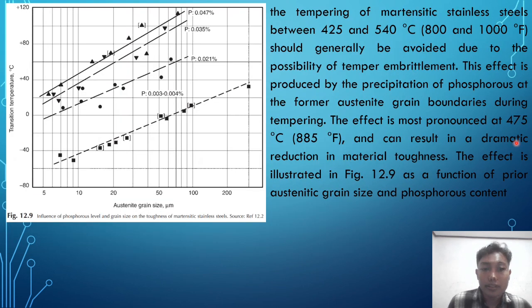And the next, tempering in the martensitic stainless steels between 425 and 540 degrees Celsius, or 800 to 1000 degrees Fahrenheit, should generally be avoided due to the possibility of temper embrittlement. This effect is produced by a precipitation of the phase at the former austenite grain boundaries during tempering.